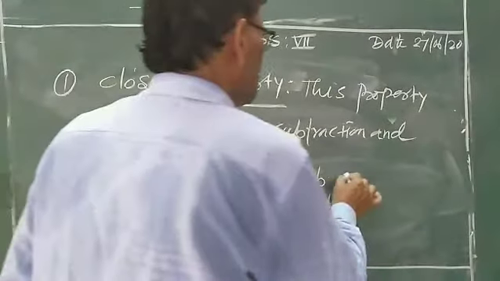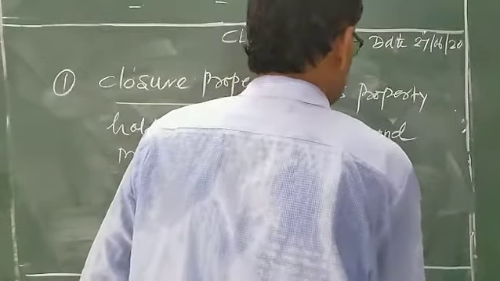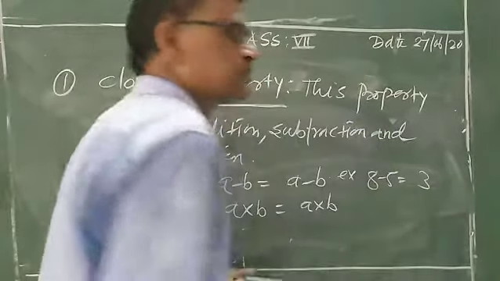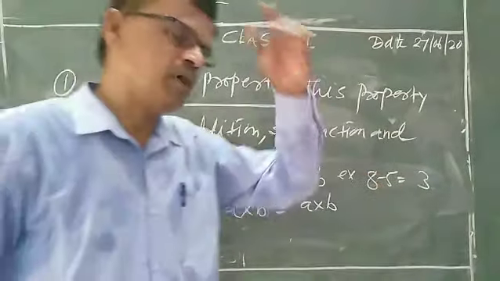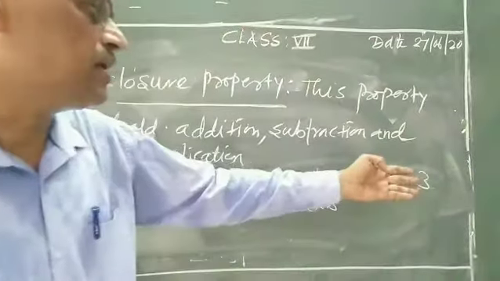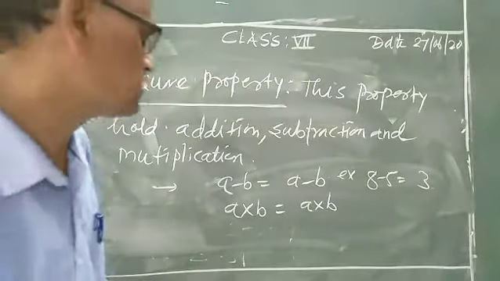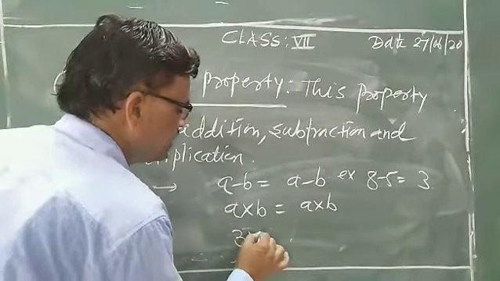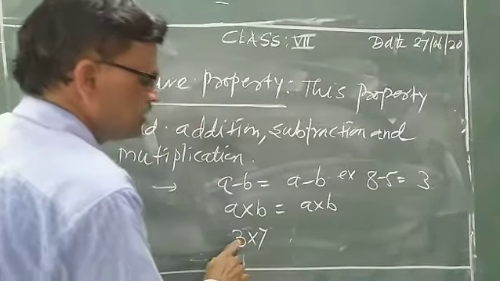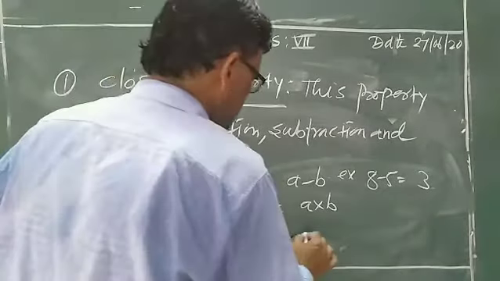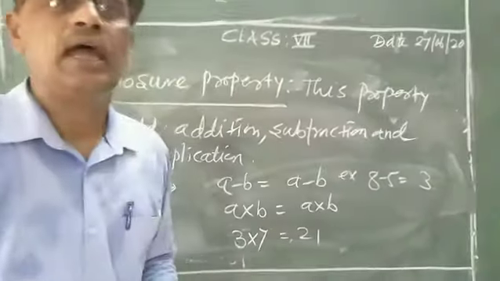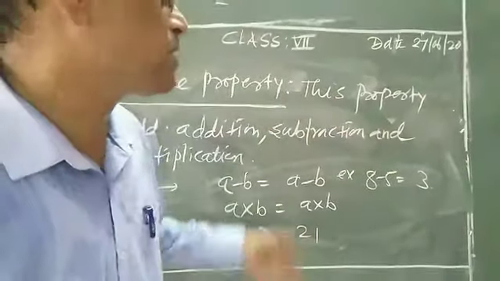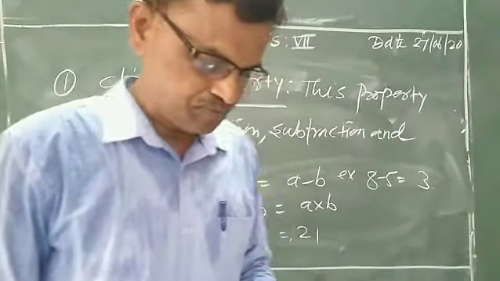For example, 8 minus 5, we get 3. 8 is an integer and 5 is an integer, and again 3 is an integer. Here is another example, 3 into 7. 3 is an integer, 7 is an integer, and again we get an integer. Therefore this property is known as the closure property of integers.